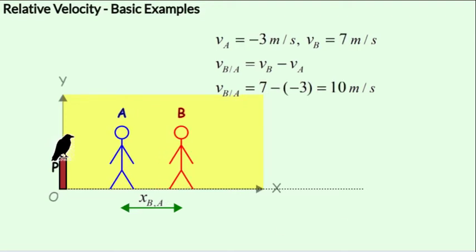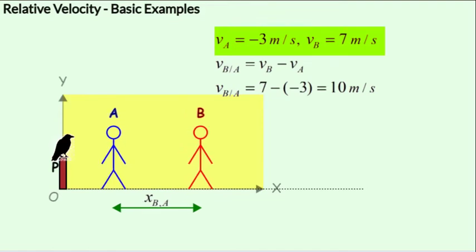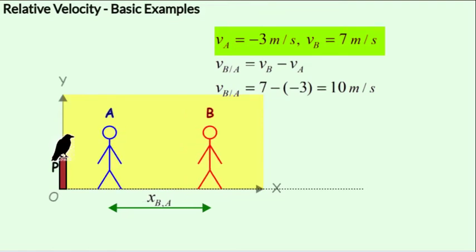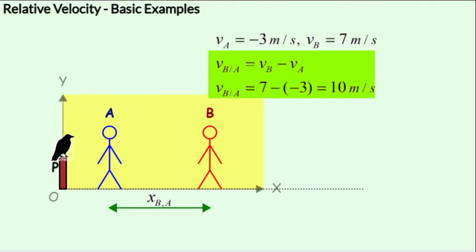In this case, A moves towards the left, that is towards the pole, at 3 meters per second, that is in the negative x direction, whereas B moves away from the pole at 7 meters per second. And from the formula, VB minus VA will be 10 meters per second. So what is A's perspective in this situation?